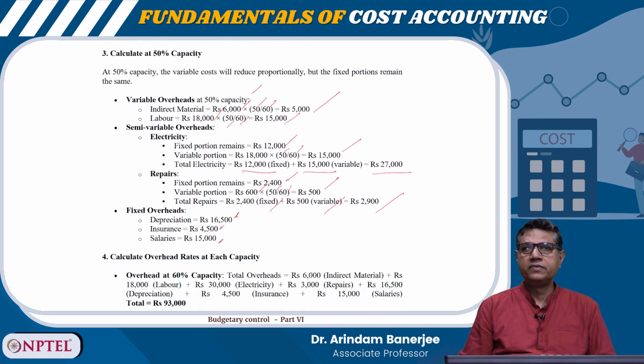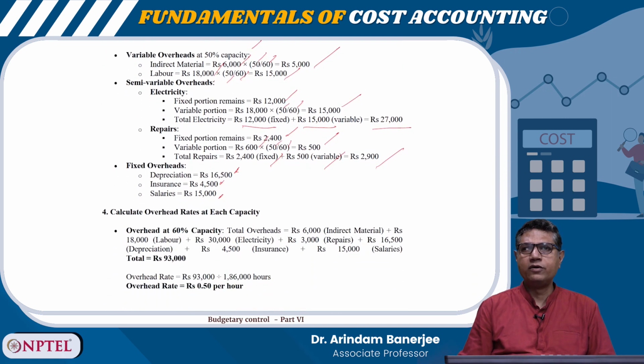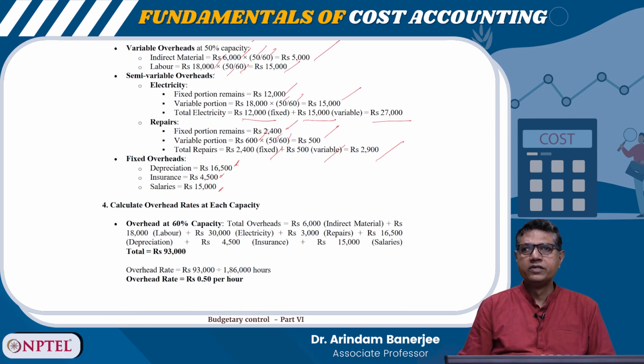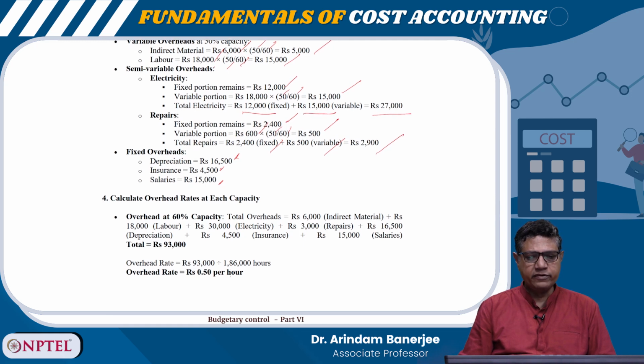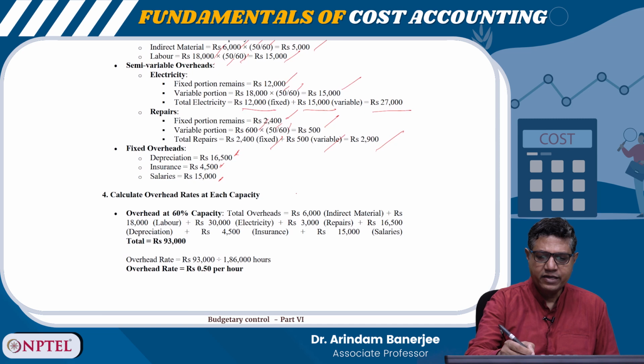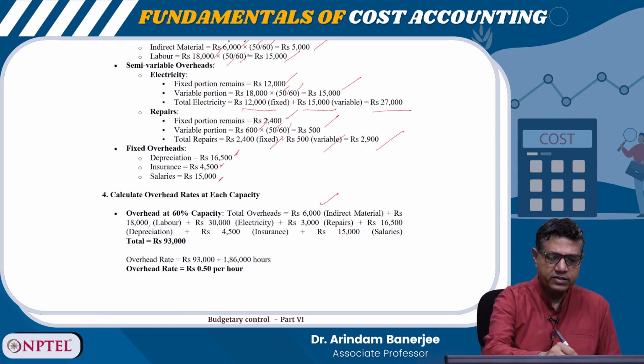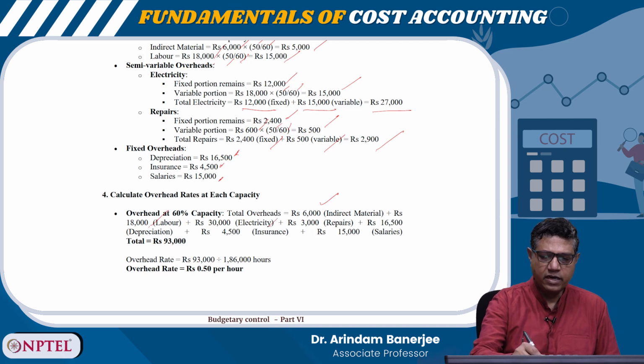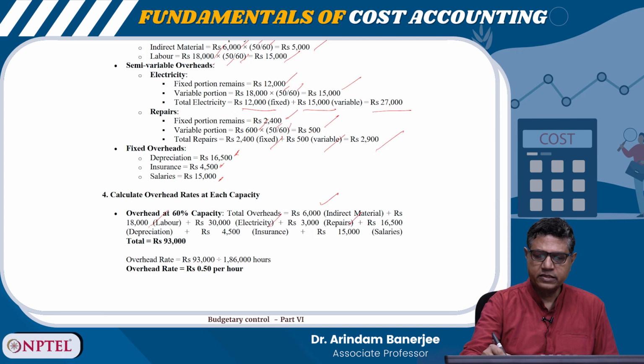So, if I have to calculate now the overhead rates at each capacity, how can we do it? At 60% capacity, the total overhead is equal to 6,000 indirect material plus 18,000 labor plus 30,000 electricity plus 3,000 repair plus 16,500 depreciation plus 4,500 insurance plus 15,000 salaries.